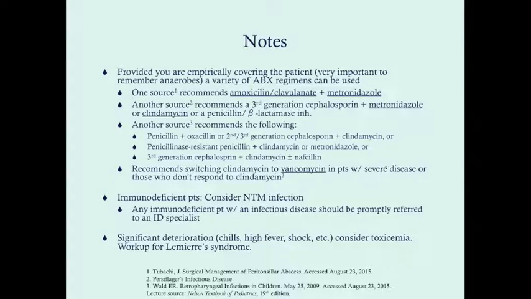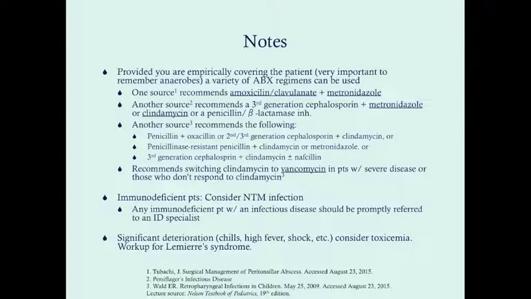Some notes. Okay, so we already sort of referred to this, but provided that you are empirically covering the patient for staph, strep, and anaerobes, a variety of antibiotic regimens can be used. So one source recommends amoxicillin clavulanate plus metronidazole. That's fine. You've got a penicillin plus beta-lactamase inhibitor, and then you also are covering for anaerobes with metronidazole.